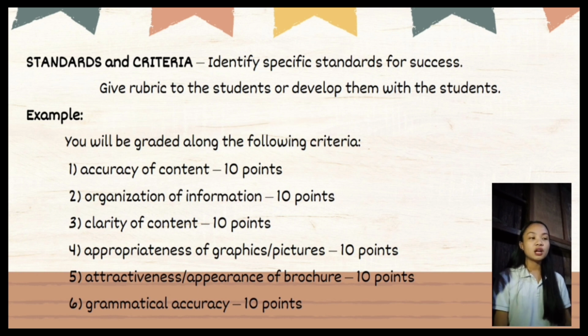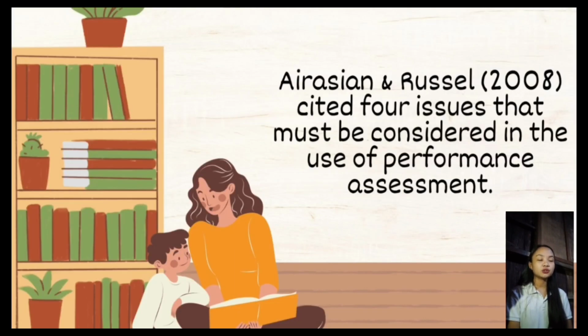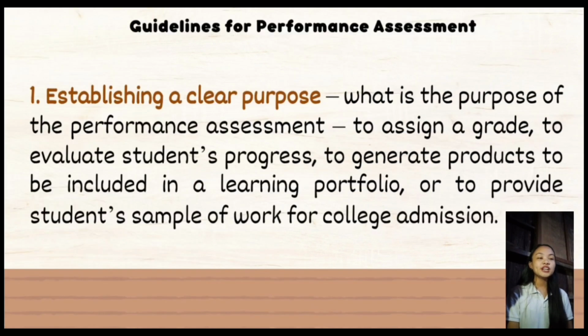Now let's move on to the guidelines for performance assessment. According to Irish and Russell in 2008, they cited 4 issues that must be considered in the use of performance assessment. First guideline is to establish a clear purpose. Now, as teacher, you should provide a clear purpose of the performance.